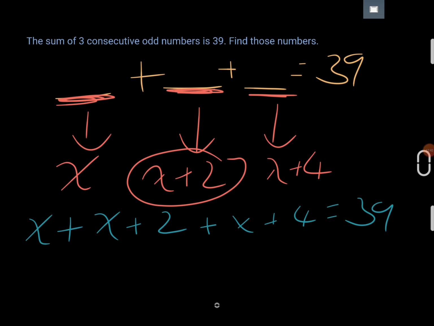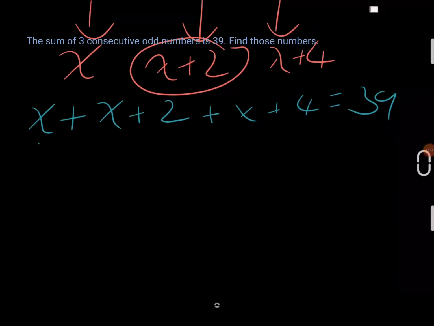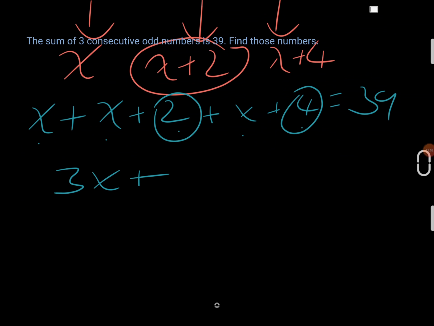That means x plus x plus x, it will be 3x plus 2 plus 4, plus 6 is equal to 39.